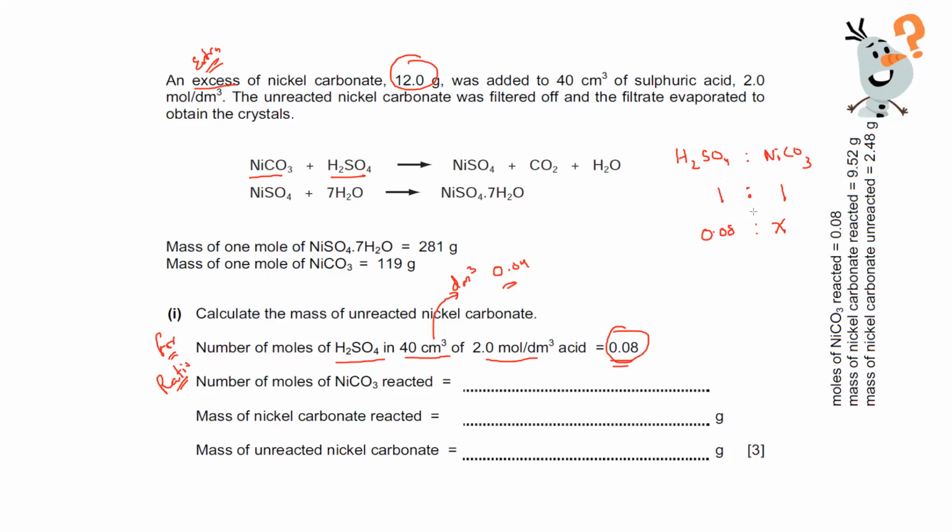So we cross multiply: 1 multiplied with x, so it will be x, and 1 times 0.08. So we'll get 0.08 moles of nickel carbonate that reacted. Is the second part clear?